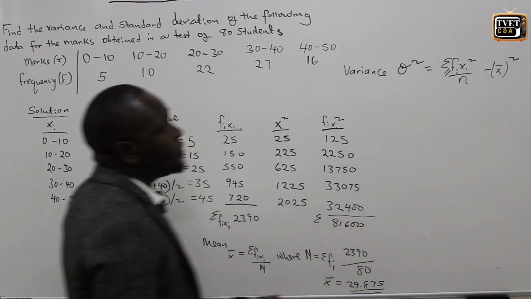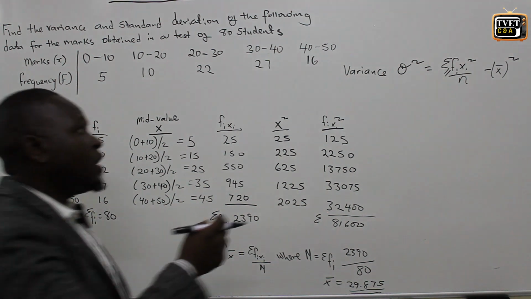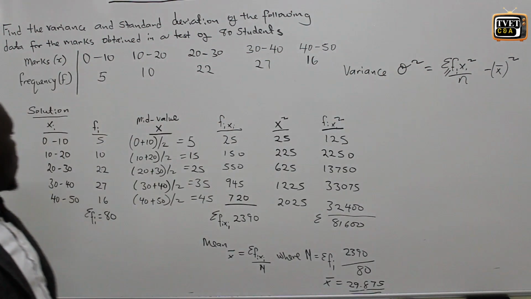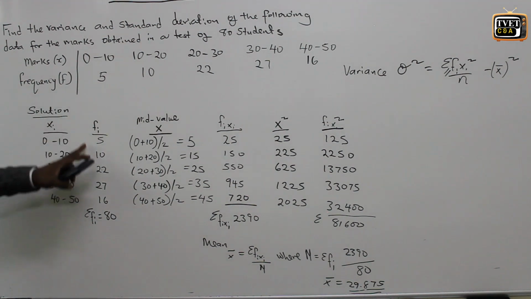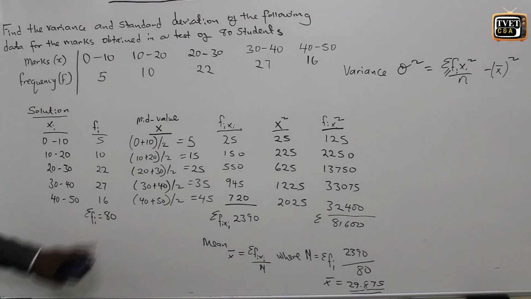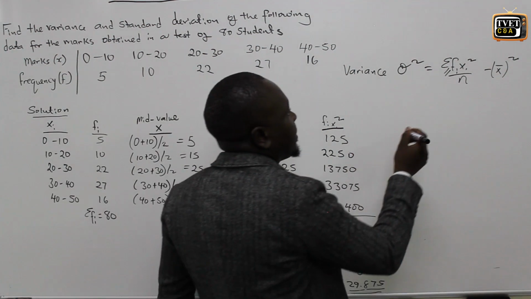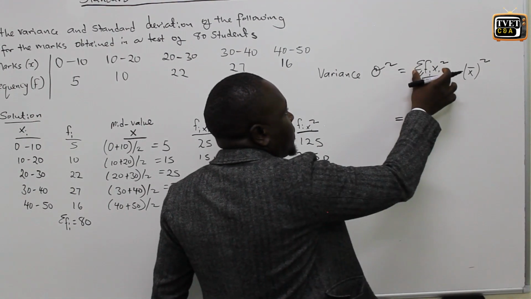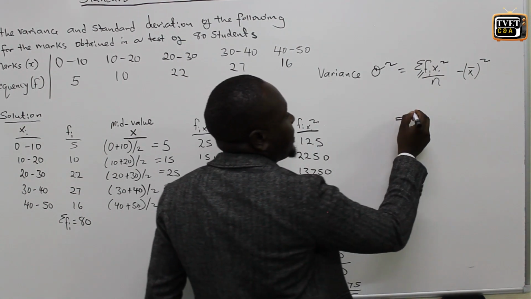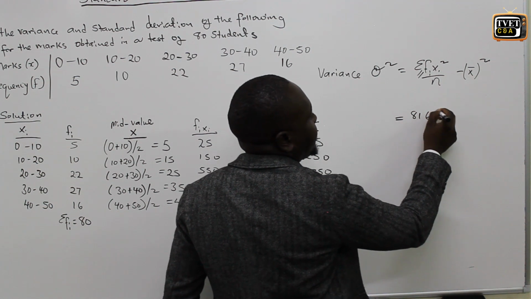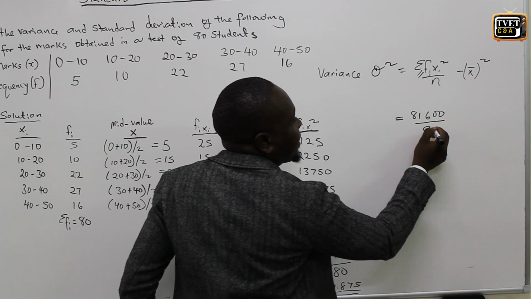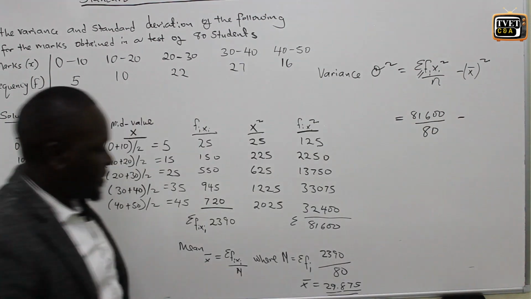You'll come to the formula for variance. Where you remember we say n, n is the number of occurrence, which is the summation of fi. We found the summation of fi to be 80. So you'll stipulate here the value of 81,600 over n, which we said is 80, minus the mean.